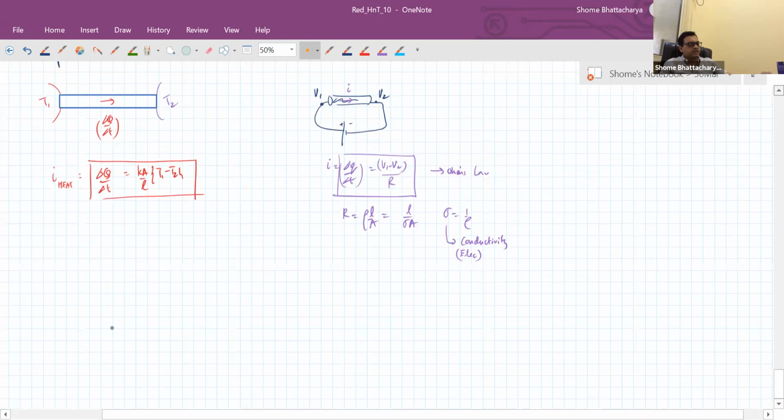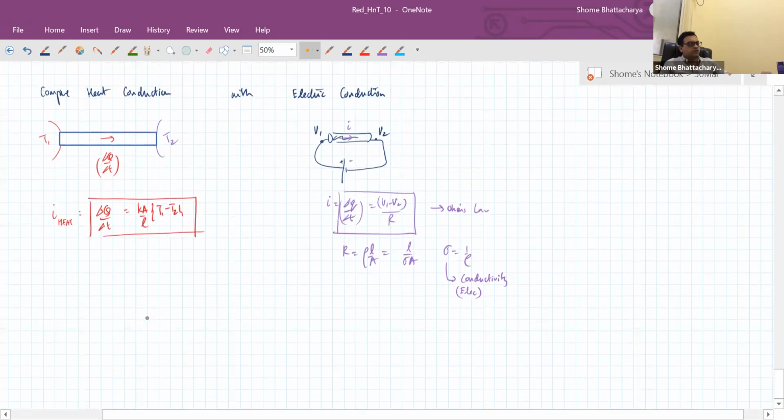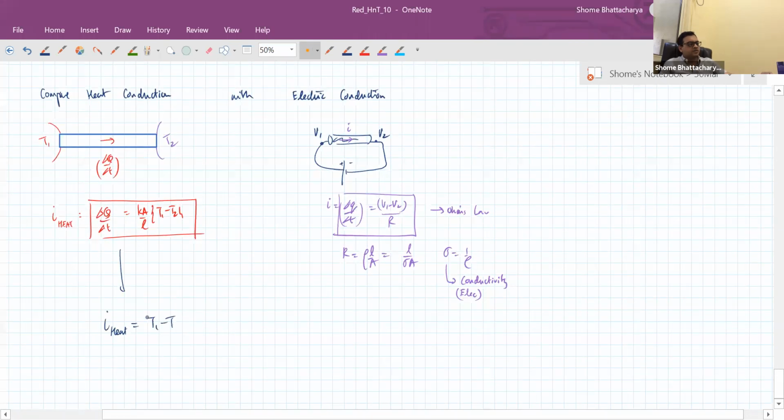Okay. Heat current can be thought of as temperature difference divided by something called thermal resistance, where that thermal resistance is L upon KA.